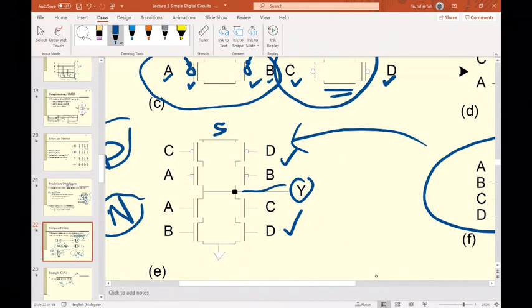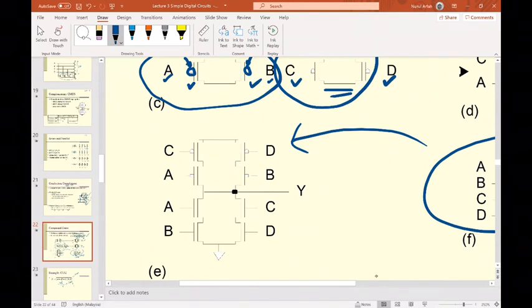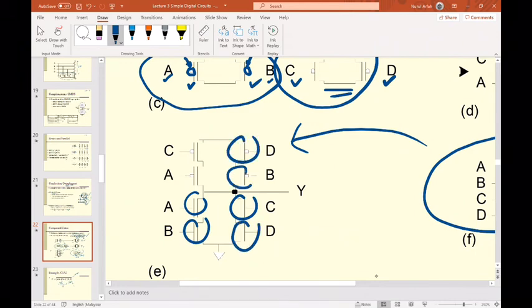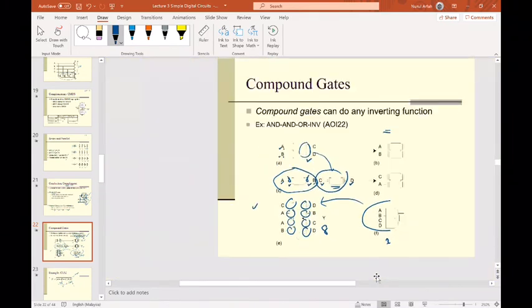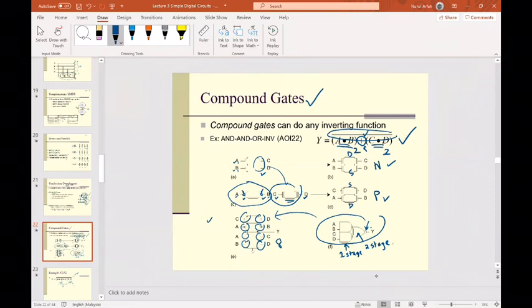Yes, 8. How do you know? You just count, right? This one, 1, 2, 3, 4, 5, 6, 7, 8. So we have 8 for this combination. We call this a compound gate. We have 8 transistors.